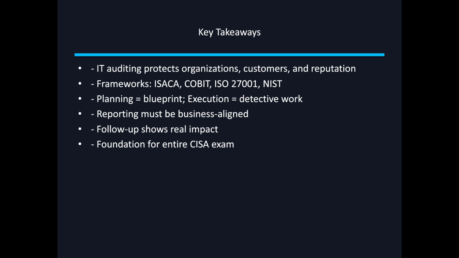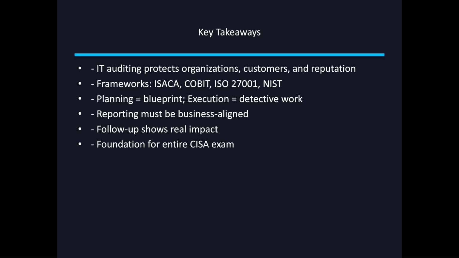The main intention of auditing IT is to reduce risk so that a business can achieve its objectives more smoothly. Then some of the frameworks which we generally follow as part of an audit: ISACA, COBIT, ISO 27001, and NIST.